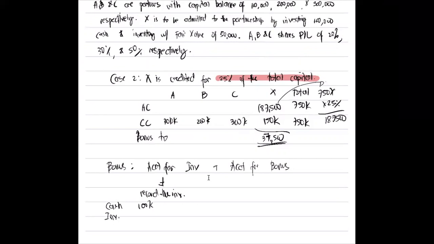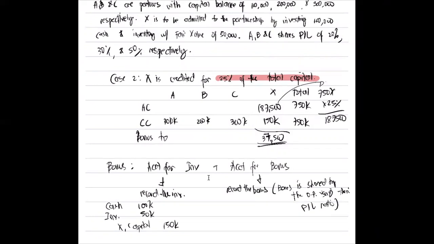We debit inventory, 50,000. And then we credit X capital, 150,000. How do we account for your bonus? So you record the bonus, and bonus is shared by the old partners using their profit or loss ratio.